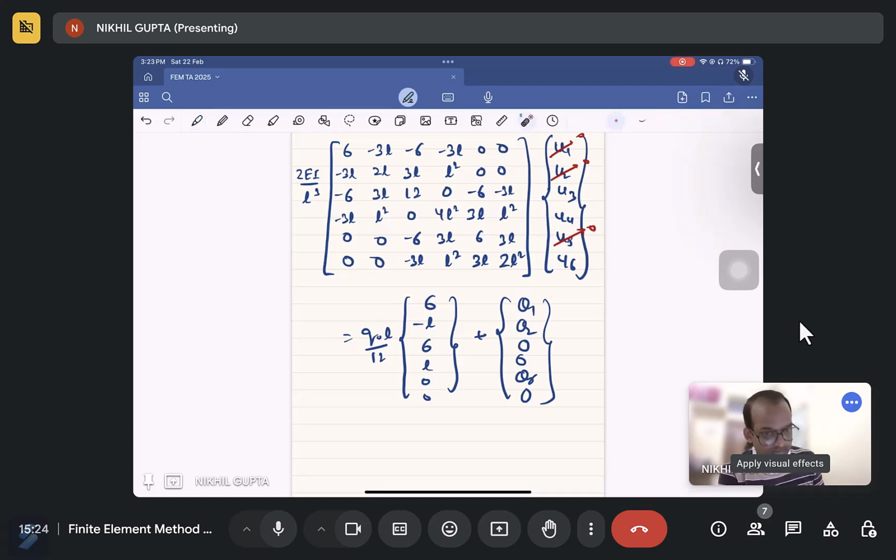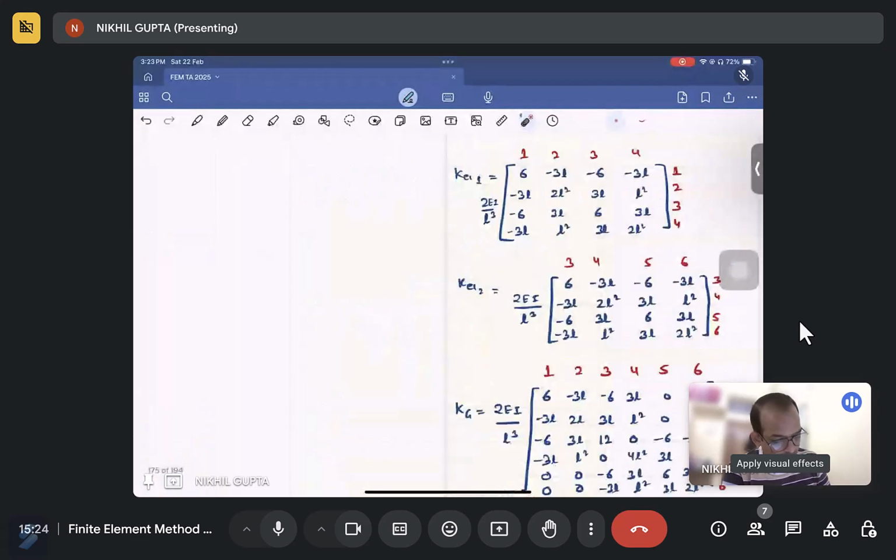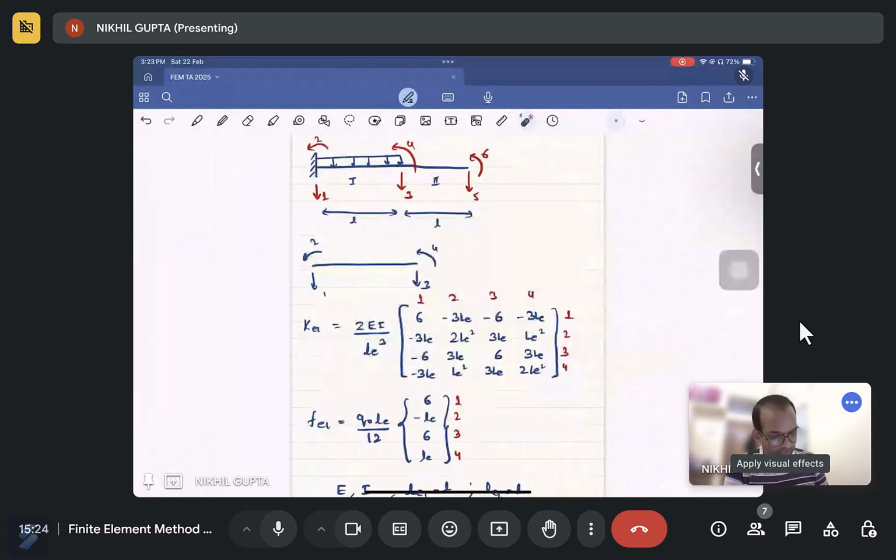I have a question here. Yeah, tell me. My question is why are Q1, Q2, and Q5 not 0? Because we don't have any point loads, right? Basically, those represent point loads, right? No, these are the reaction forces.